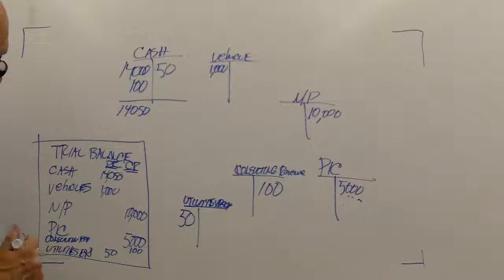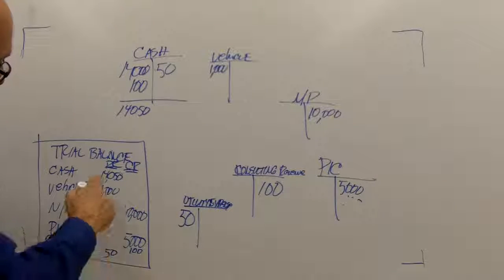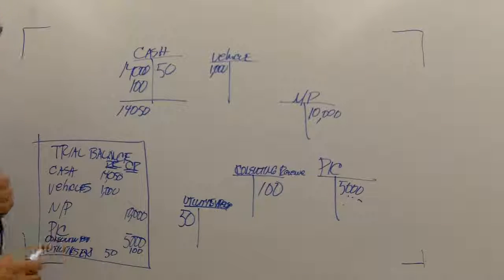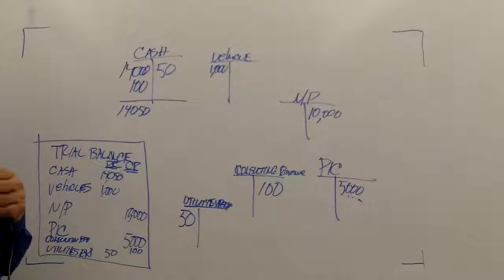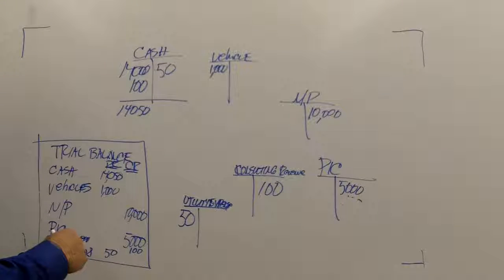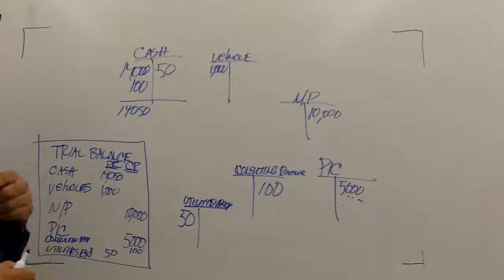Well, looks like I have $15,100 of debits and $15,100 of credits. That at least tells me that yes, in fact, my debits equal my credits. And we'll take a look at where we've ended here in our next segment, where we talk about another financial statement, the income statement.